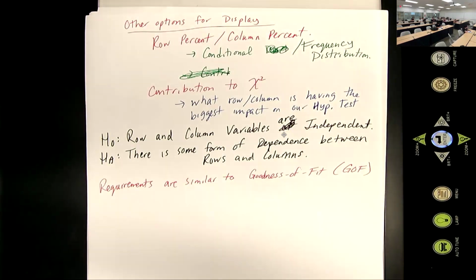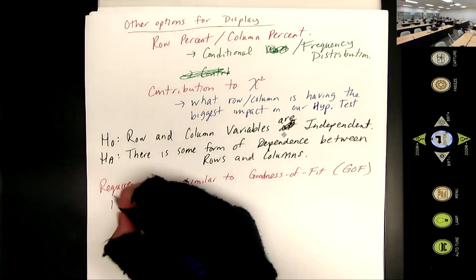You're gonna get tired of writing goodness of fit. So all categories have a frequency greater than 1.